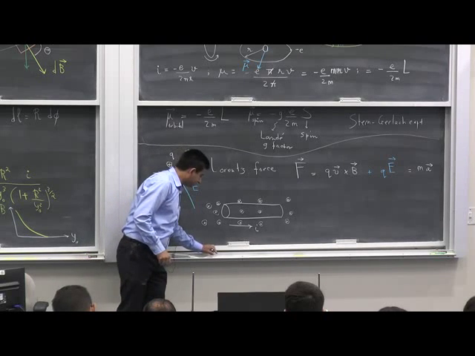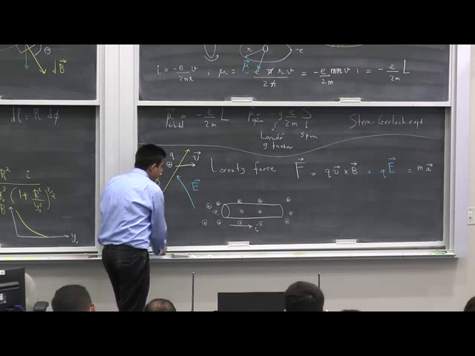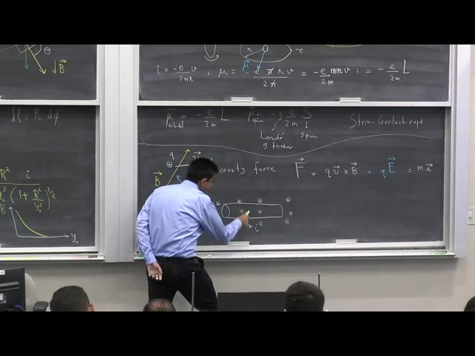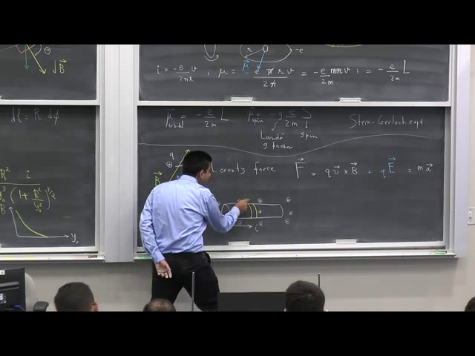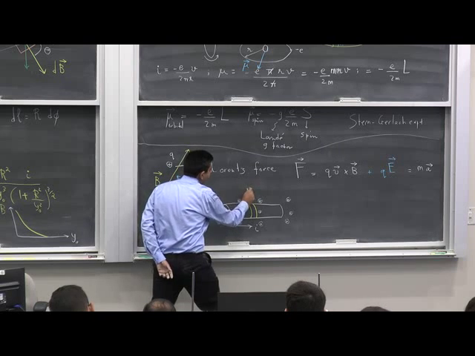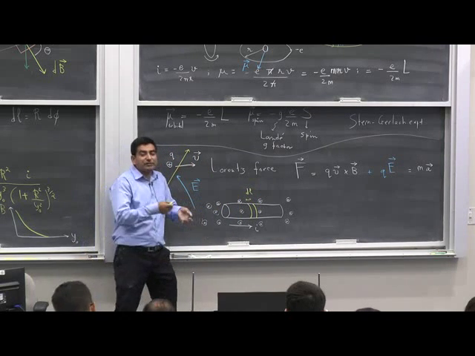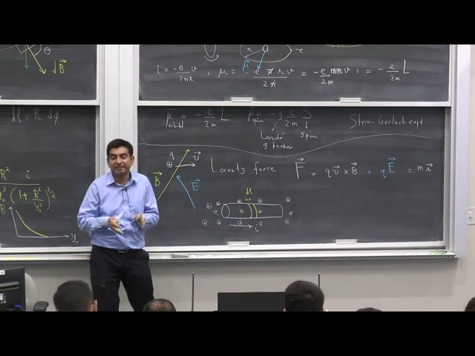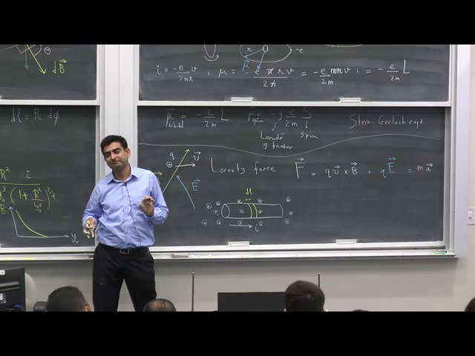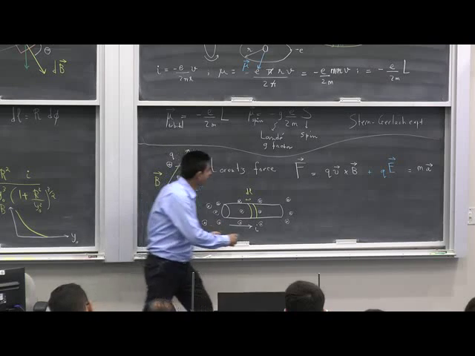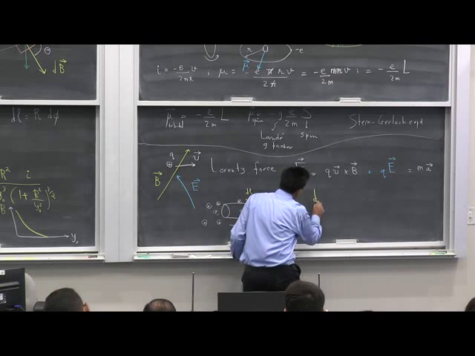Now, I take a small section inside this wire of length dl. There must be some force that acts on this section because the charges are moving with a drift velocity Vd. So if I would like to find out the force on this small section, it's dF.